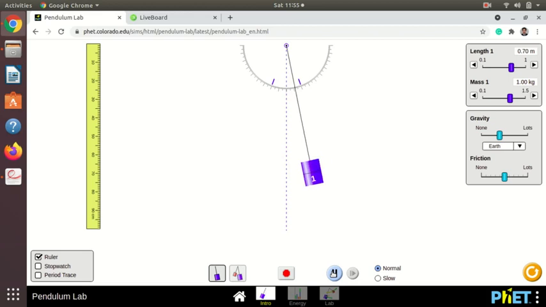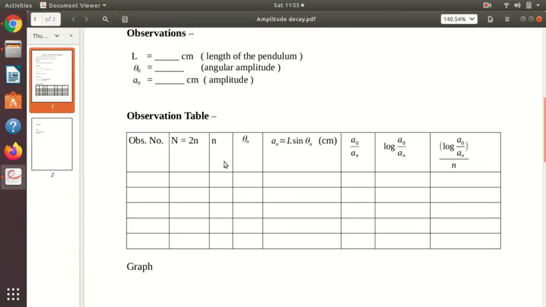So almost 10 or 11 oscillations we get to decrease this amplitude by 5 degrees. This is angular amplitude. So you can take here 11, or let's say 10. Then here you will write 20. You have to just multiply this with 2. So here it is written wrong. Here it should be n equal to 2n.